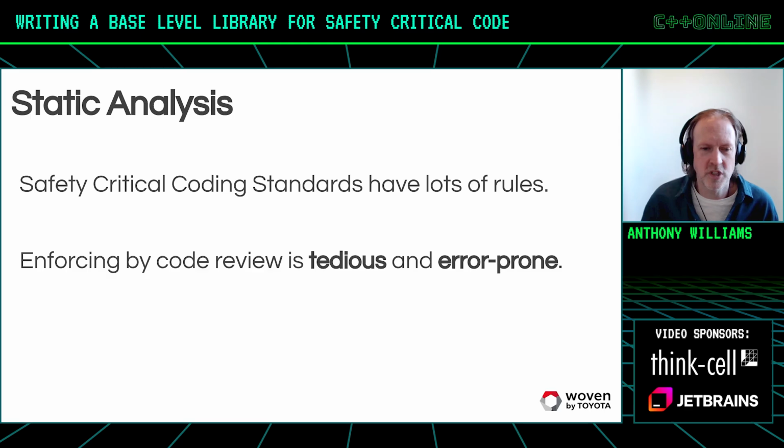Checking that it also conforms to all 500 rules from your C++ coding guidelines is another. You're not going to remember all the rules by heart, so you have to refer back to the document, and doing that for every line of code is tedious and error prone. You're going to miss something.